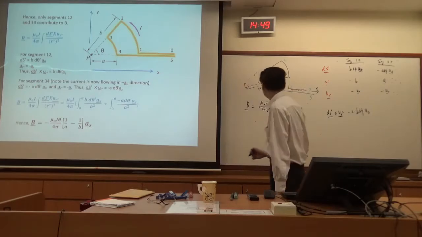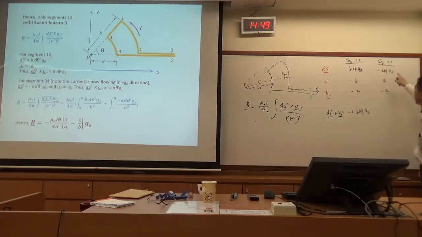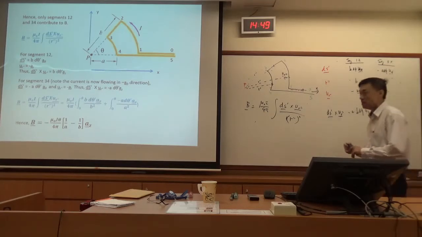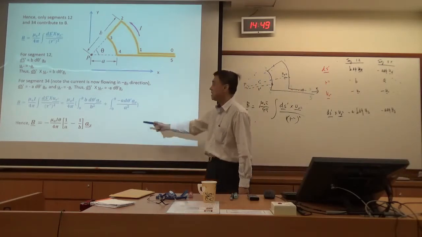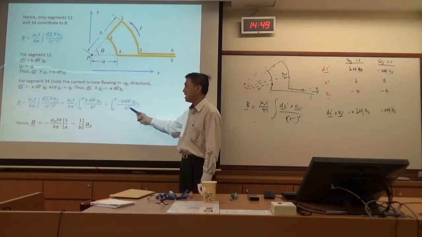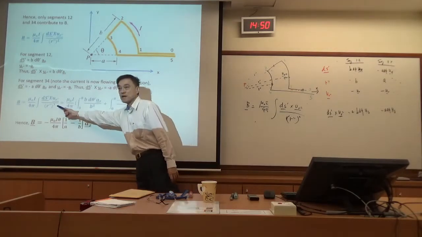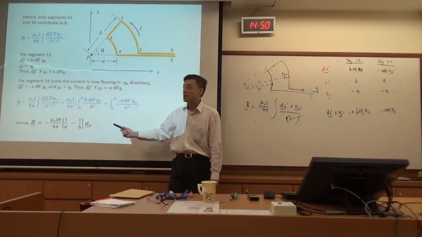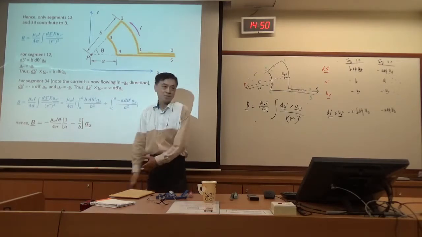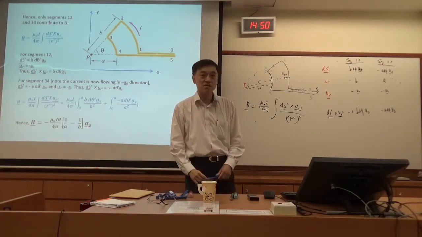So when you cross this one, negative, negative, positive, this one becomes A dφ UZ. So this becomes minus A dφ UZ, and R double prime squared becomes A squared. Integrate from 0 to theta, you get the solutions.